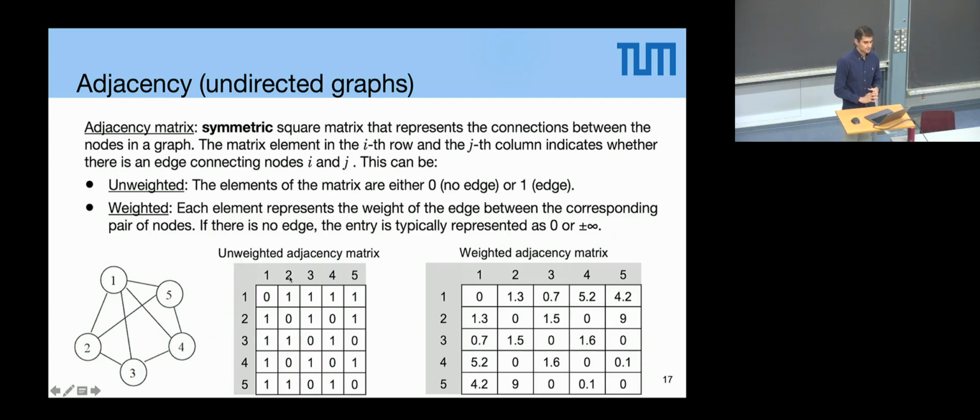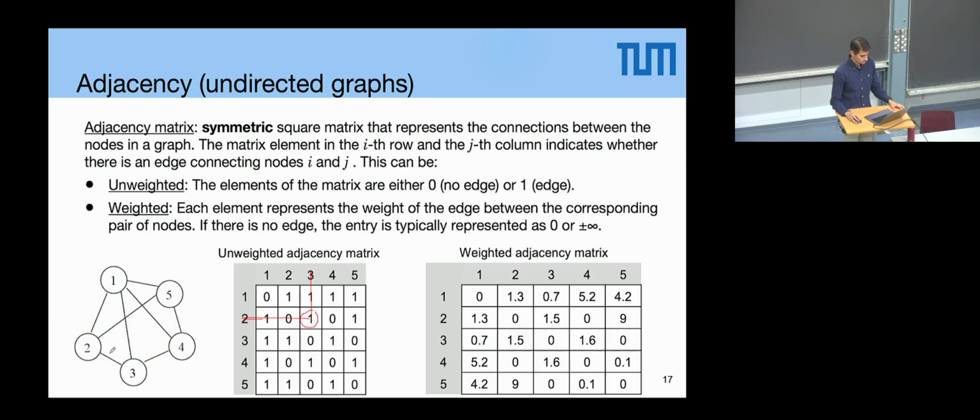The adjacency matrix is used to represent the connectivity of the graph, and it's a square matrix where the element ij is indicating if there is an edge. The element in the row i and in the column j is indicating if there is an edge between nodes i and j. For instance, here for the second row and the third column, we see there is a 1.